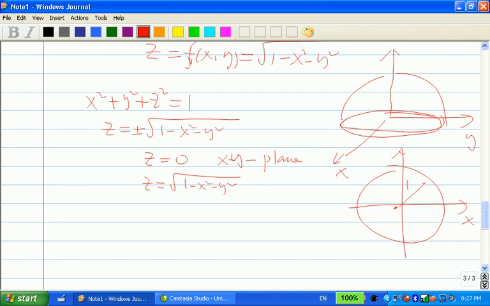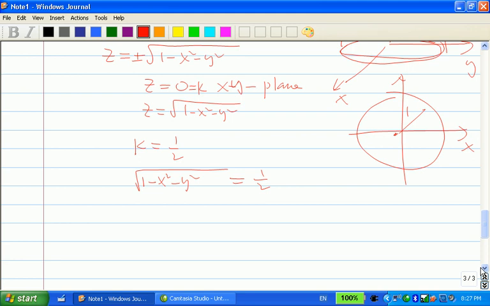So the level curve is: use z equal to k to cut your surface, and the intersection gives you the level curve. This is the case k equal to 0. How about k equal to 1/2? Then you get another level curve like this. f(x,y) equal to k gives you a level curve, which means use z equal to k to intersect your surface.